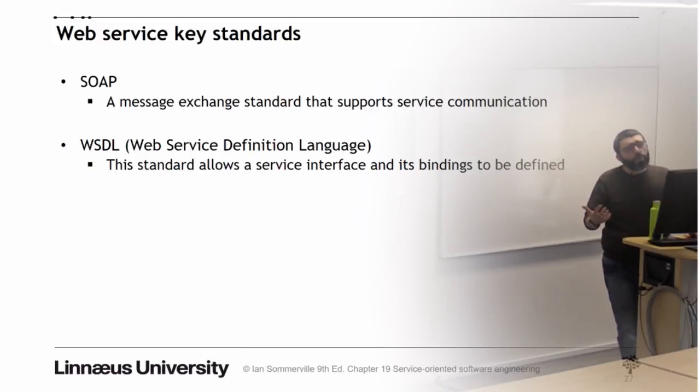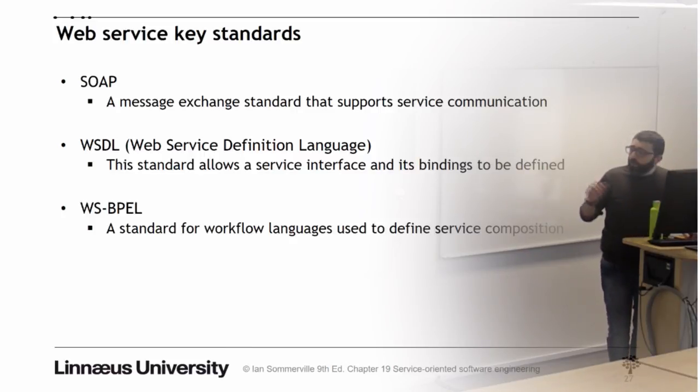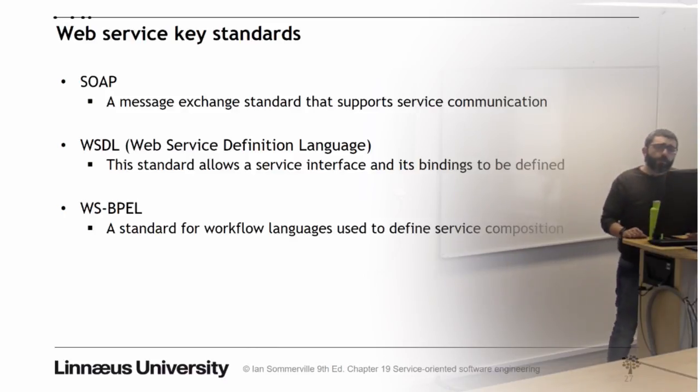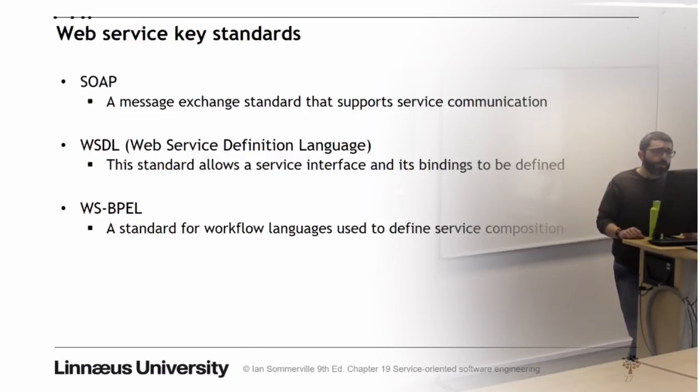So it means how to access the specific functionality, which is the set of parameters, and what's the return type of this function. And then WS-BPEL, which is the standard for defining the service composition.